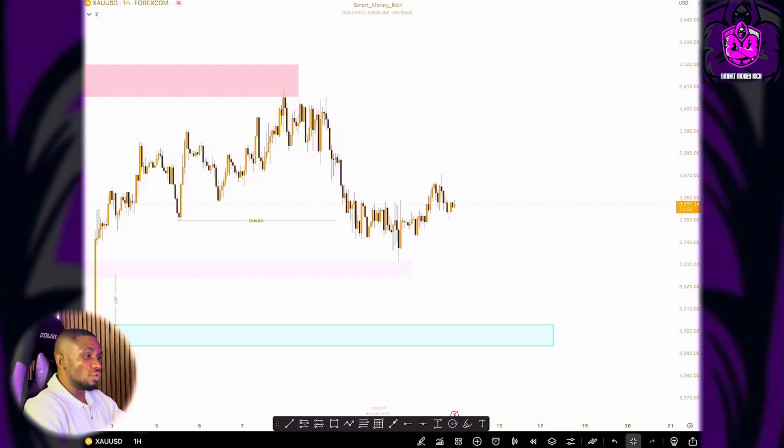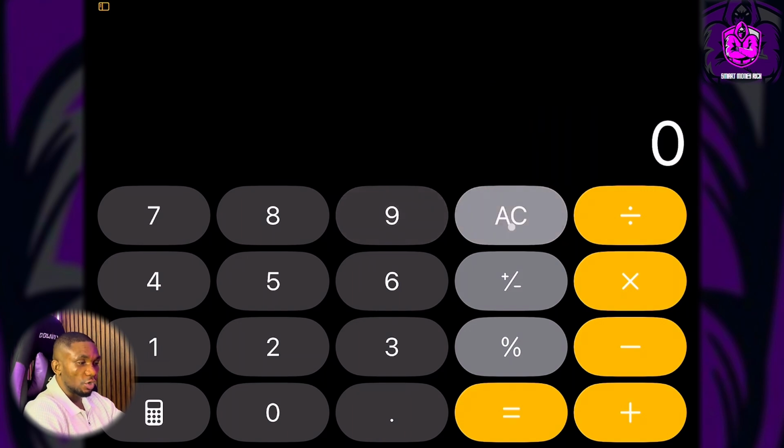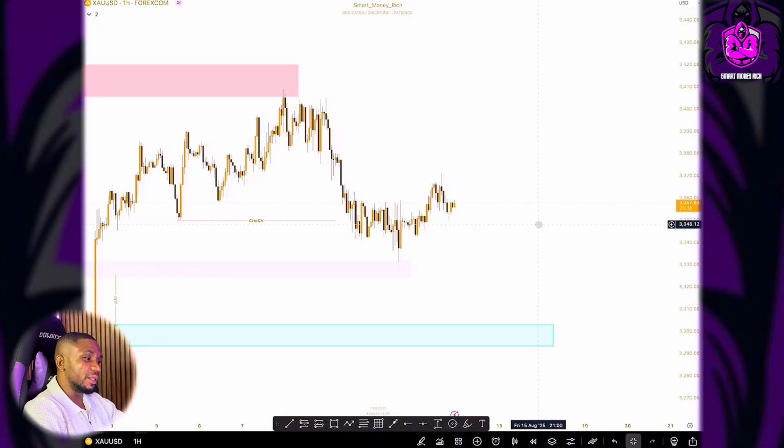Whenever you want to calculate gold pip, you can either use your calculator. Now what you do is your entry price minus your stop loss, or your entry price minus your take profit, and then you're going to get the actual pip that you're risking or the actual pip that you're targeting.